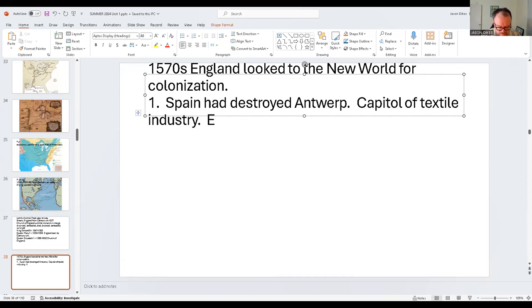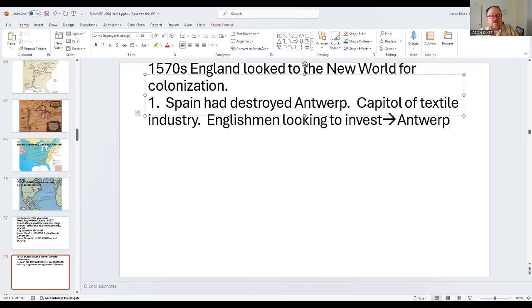So if you were an Englishman looking to invest, well, Antwerp was the place to invest. It was like Silicon Valley. You know, some company may have a new process for making silk. I'm going to invest in that company, right? Some company has figured out how to get purple dye to look even more purpley.